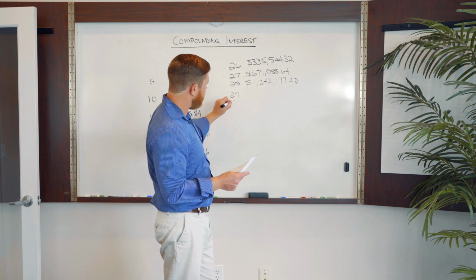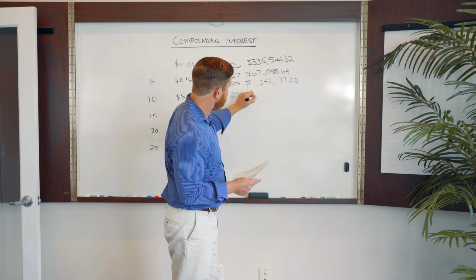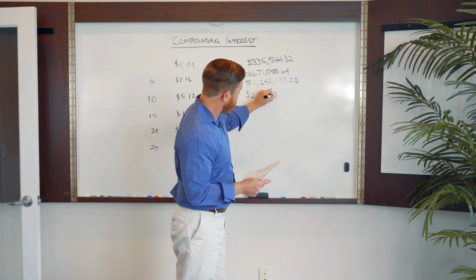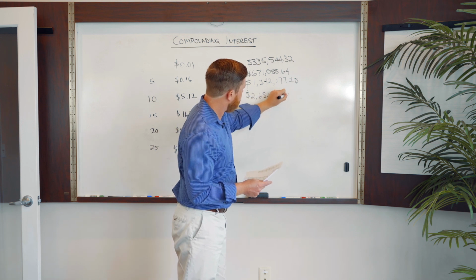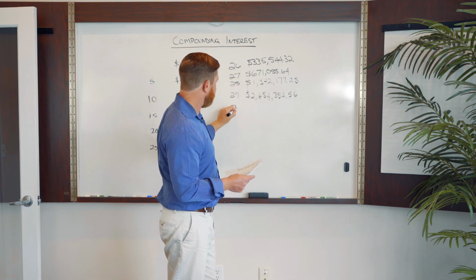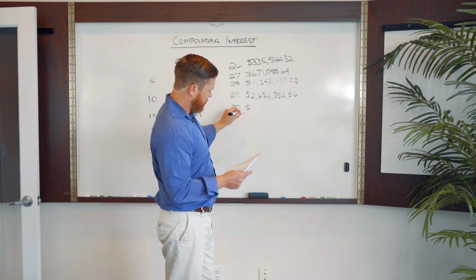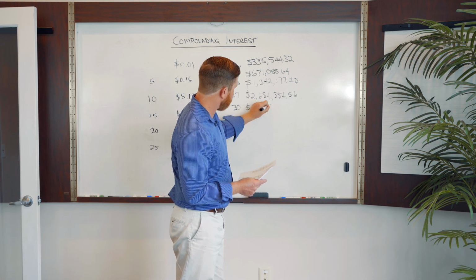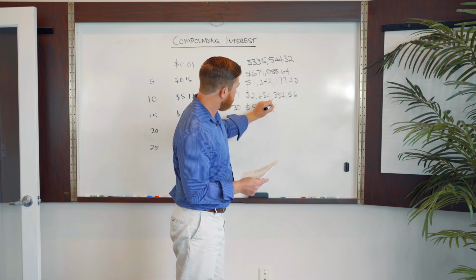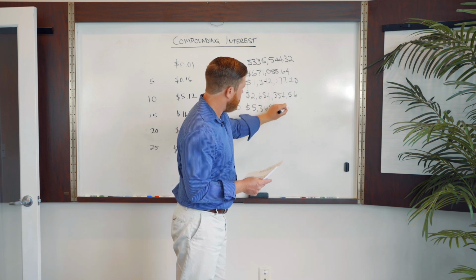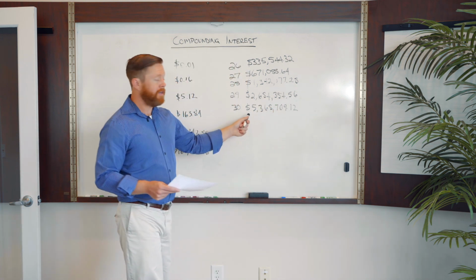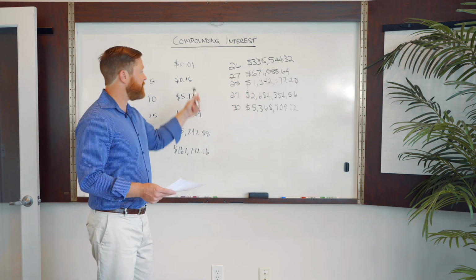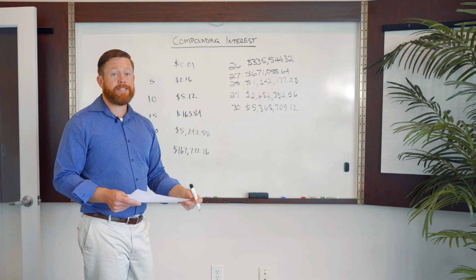The 29th day, $2,684,354.56. And finally, our last number is $5,368,709.12. So that's 5.3 times as much money to take just that penny that's going to double 30 times.